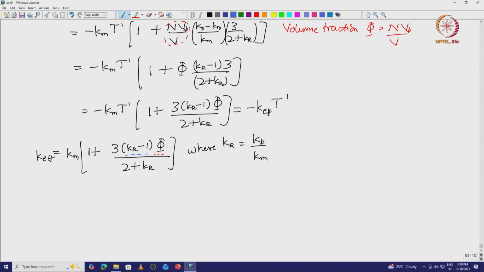And in that case, you will have to include that interaction as well when you calculate the thermal conductivity. So, this illustrates how we use solution of the diffusion equation in a spherical coordinate system in order to calculate the correction to the thermal conductivity due to spherical inclusions in a matrix.